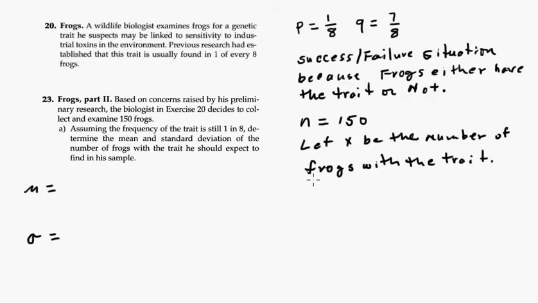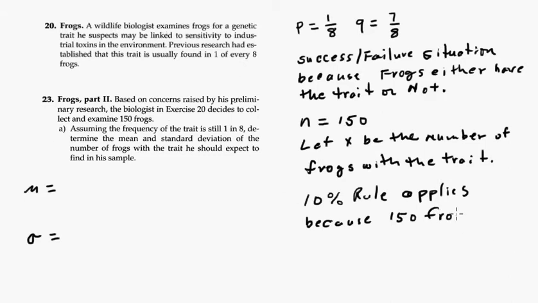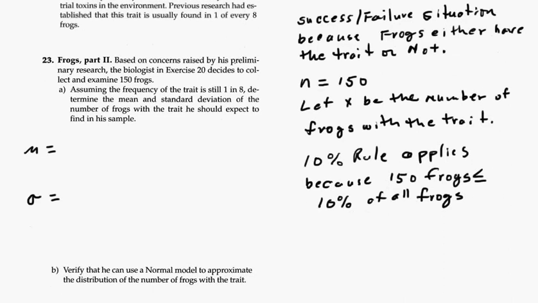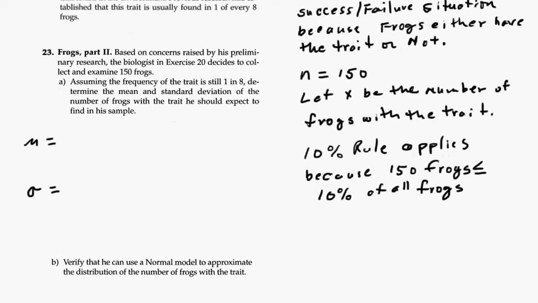So I'm not sure we can say there's independence, but what we can say is that the 10% rule applies, because 150 frogs is clearly less than 10% of all frogs. So that helps us justify using a binomial model.